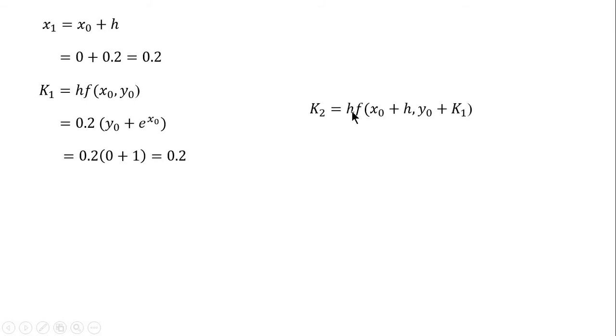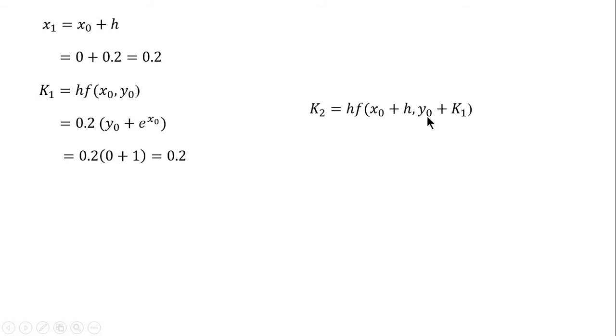Similarly find k2, h into f of x0 plus h comma y0 plus k1. First you have to compute x0 plus h, which is 0.2. So here instead of x, we have to take 0.2 and the value of y is y0 plus k1. You know y0 is 0 and k1 we have already obtained 0.2.